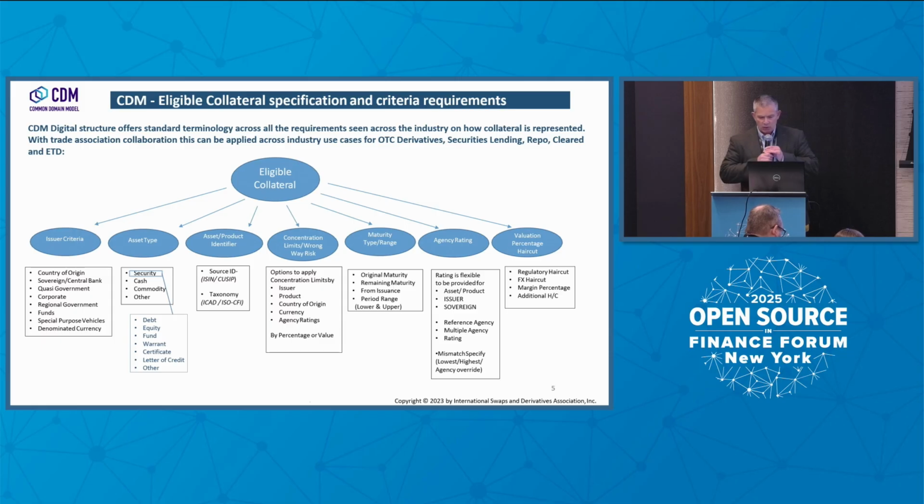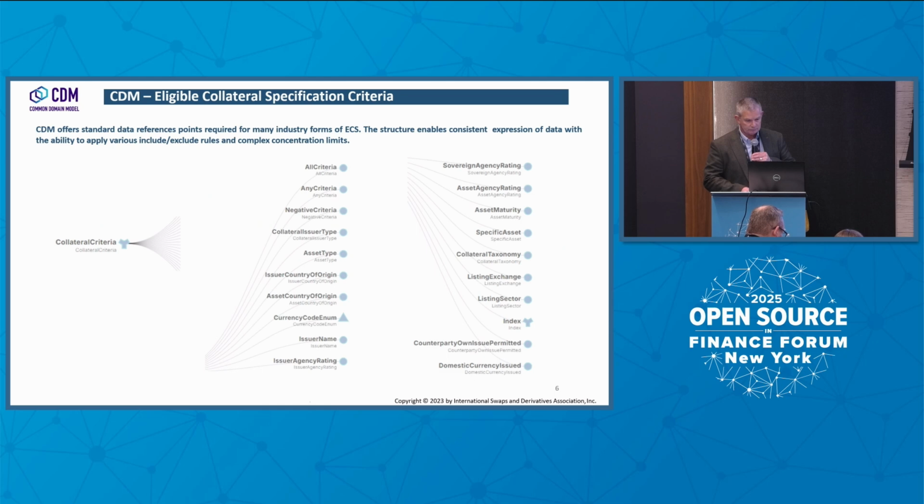So in the CDM, over several years, we've developed a model that is capable of recognising standard data terms for all the different assets, different issuers of collateral, their concentration limits, the maturity profiles, agency ratings, haircuts and different valuation treatments. All this together gives us a model capable of representing collateral information accurately in one common standard using the CDM.